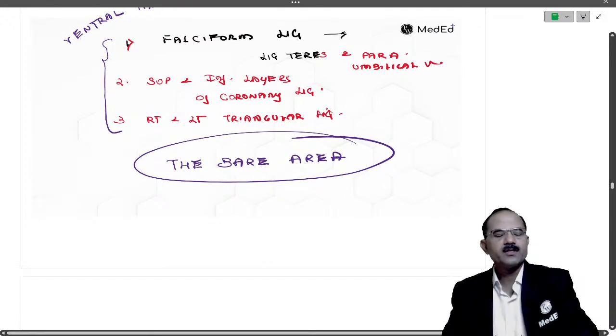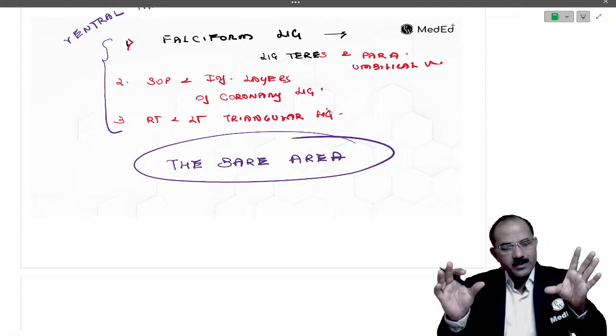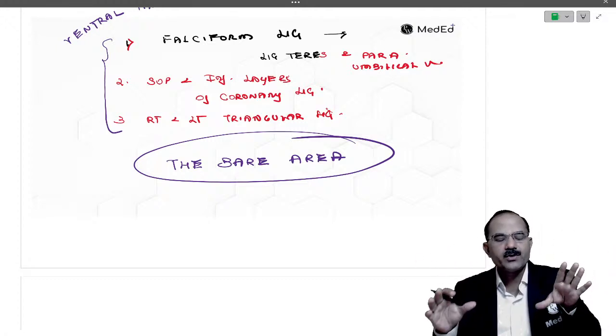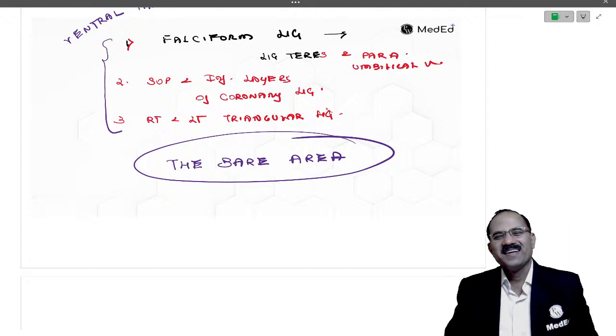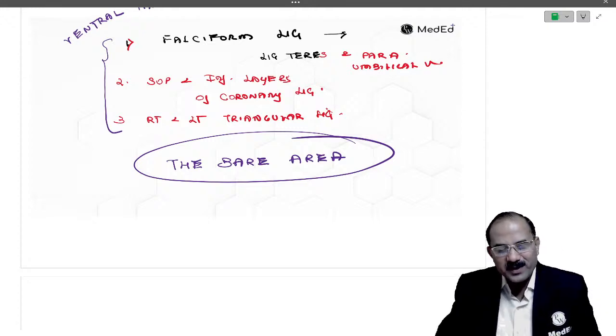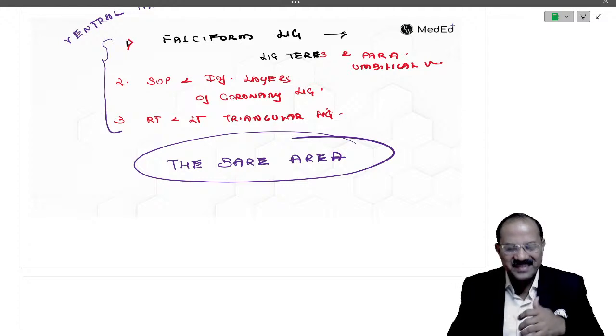Are you able to follow this? So, what are the bare areas of liver? The areas which are not covered by peritoneum are known as bare areas. It is very difficult to teach such a big topic, but that's okay.